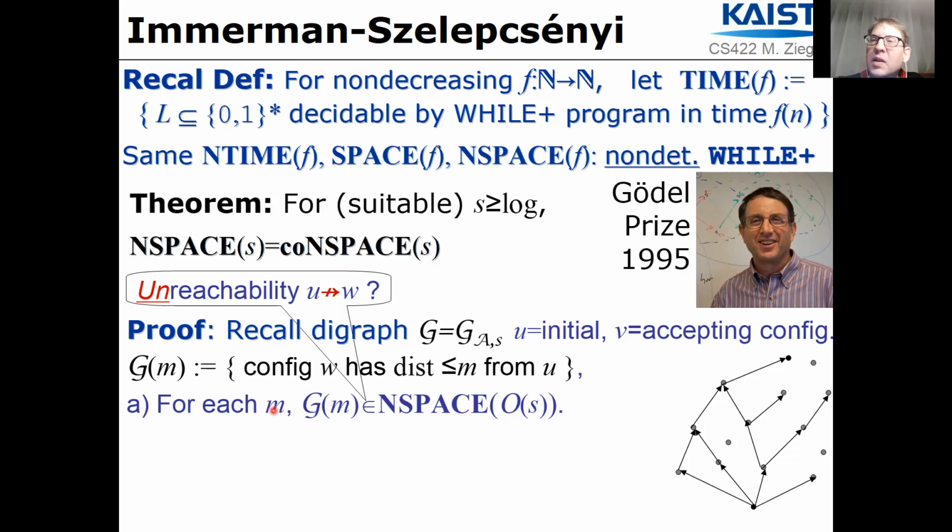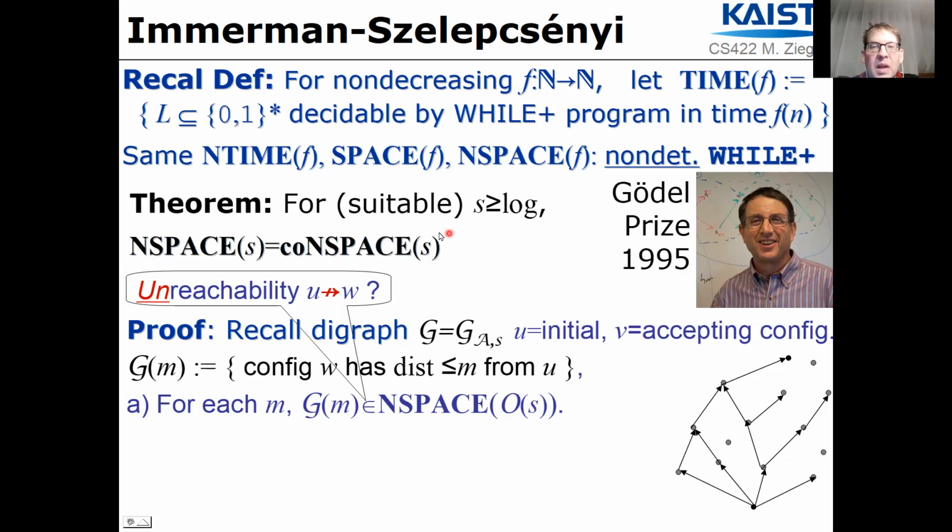And the only trick here is, remember, M can be exponential in S. So storing M, M is exponential, but the binary length is at most S.